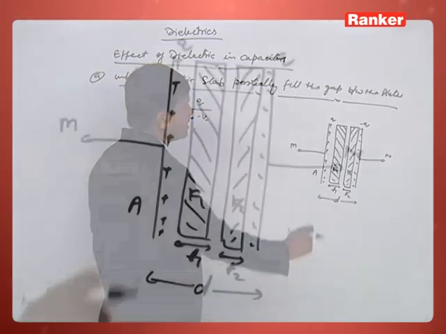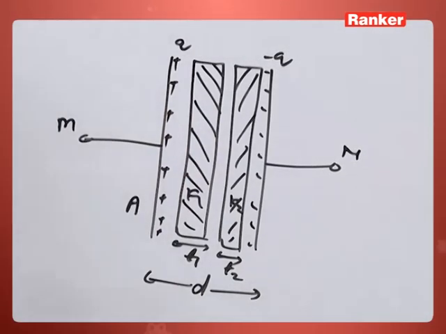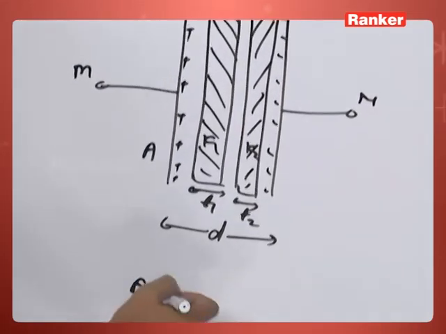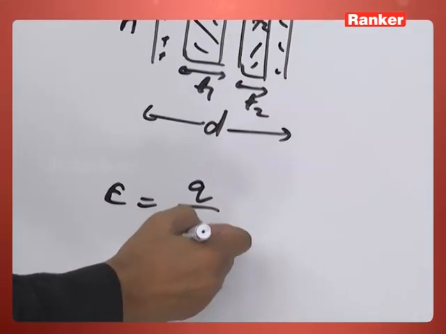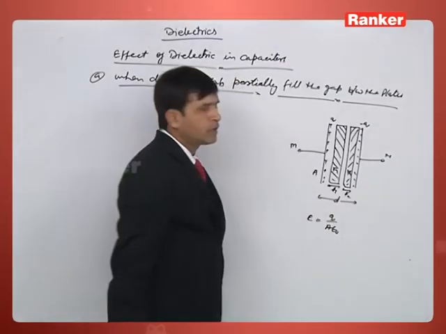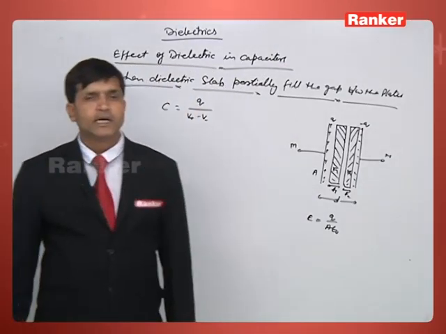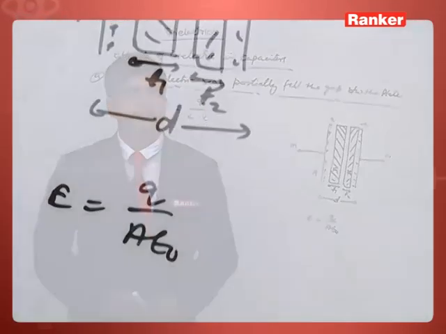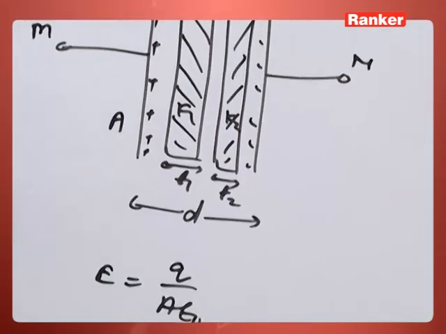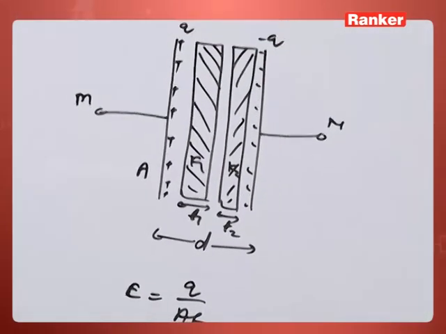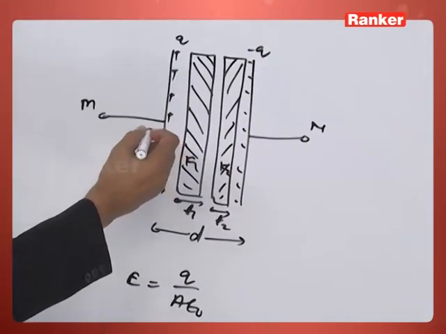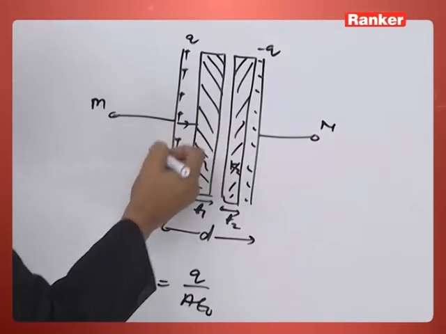here, if the slab is not there, then the electric field is Q by A epsilon naught. That can be said to be the external electric field produced by the plates on a charge. So that field will remain in the gap.